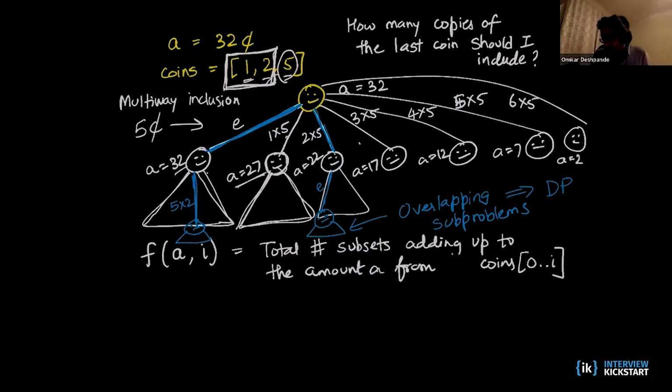So if we were to merge all the redundant nodes in this corporate hierarchy, how many distinct subproblems are we going to get?